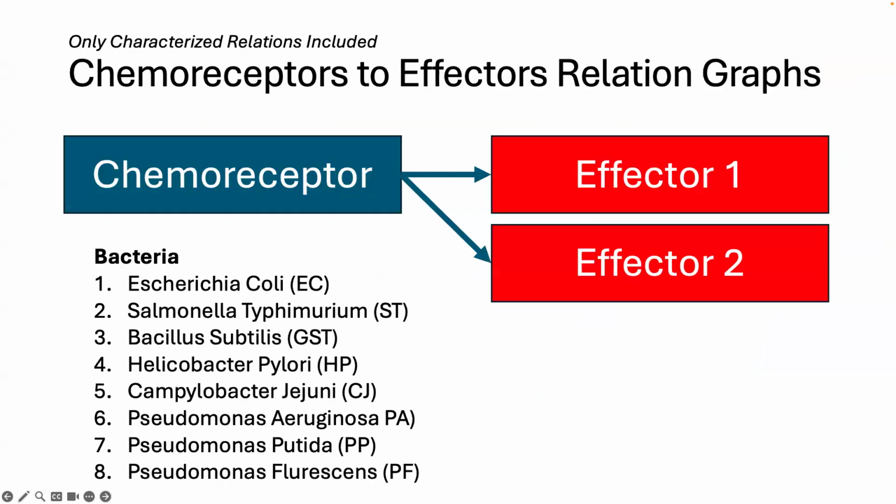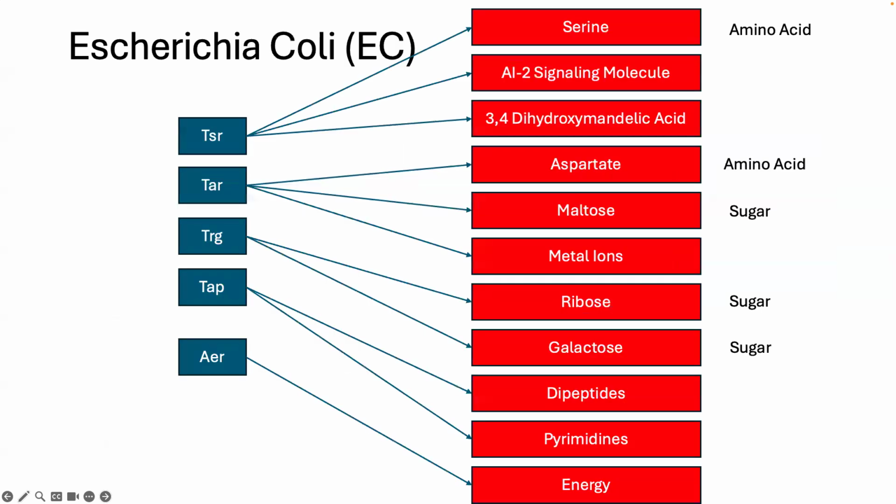So that's my thought process here. And what I wanted to use was graph theory as one of the ways maybe I could start to look at what are the characteristics that we're seeing in these eight bacteria, the relationships between the chemoreceptors and the effectors.